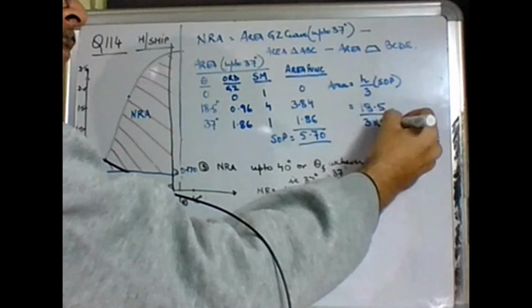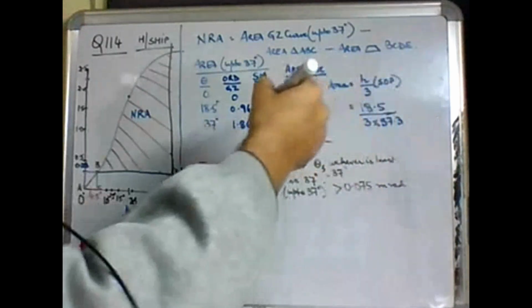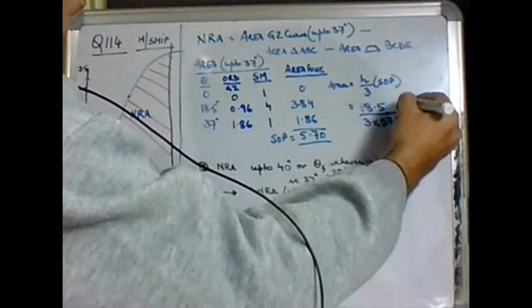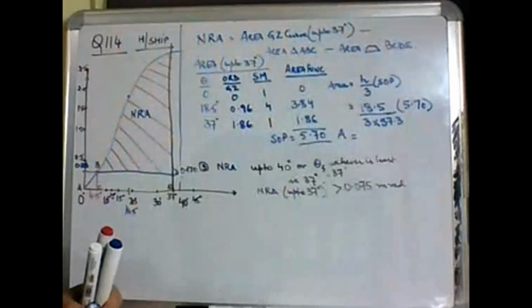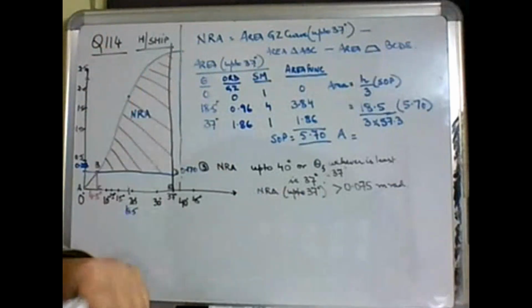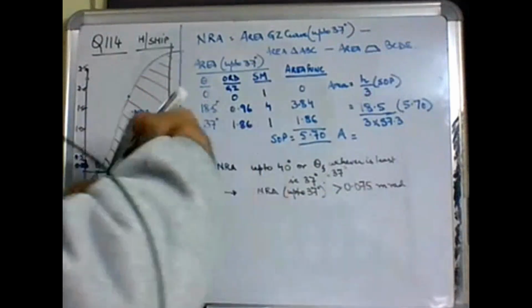Divide by Radian वाला सर. 57.3. Divide by 57.3 into 5.7. Tell me the value of area. 0.613.